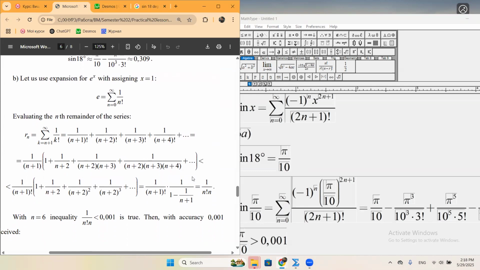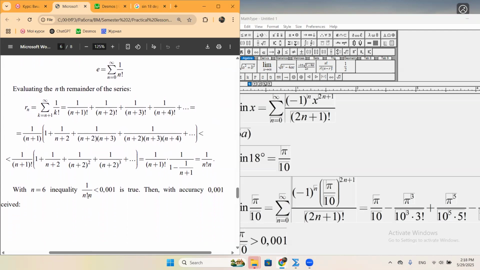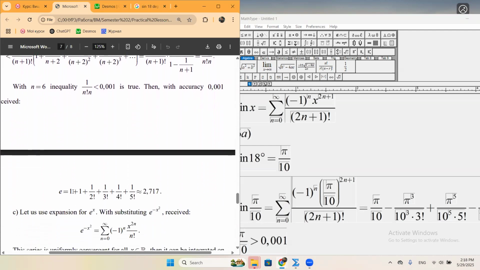So the nth remainder is less than 1 over n times n factorial. So we calculate the remainder until n equals 6, and then just calculate this sum.